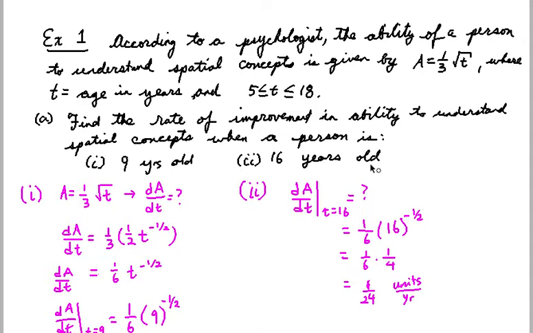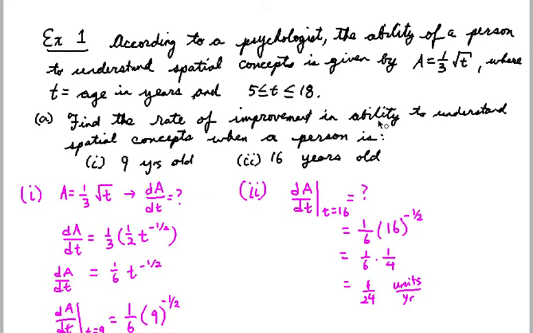If you're having a little bit of difficulty understanding this question, pause the video, read it again, and then listen to this explanation. This says find the rate of improvement in ability. If A is ability, how fast are they improving?